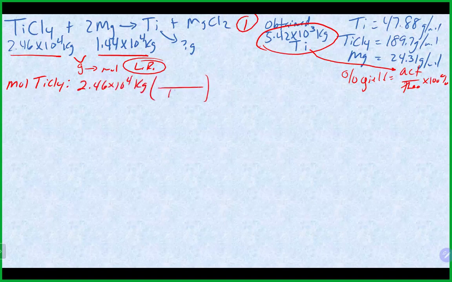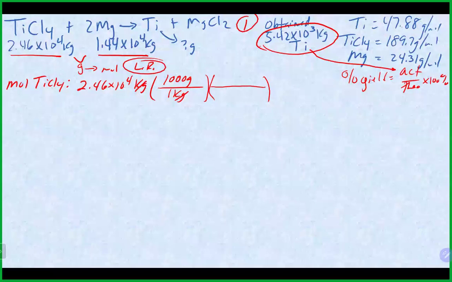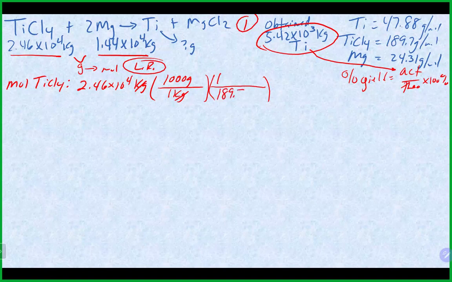In 1 kilogram, there are 1,000 grams. That's going to get rid of our kilograms. Now we can use the molar mass from the periodic table, or actually, I think it was just given to us in this problem. So 189.7 grams per mole of TiCl4. And that is going to get us here as the grams will cancel.